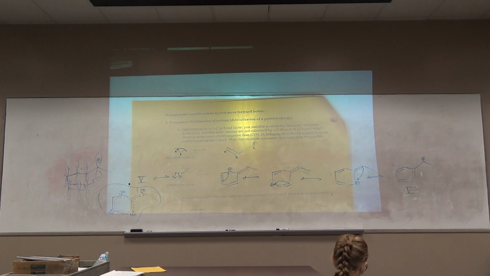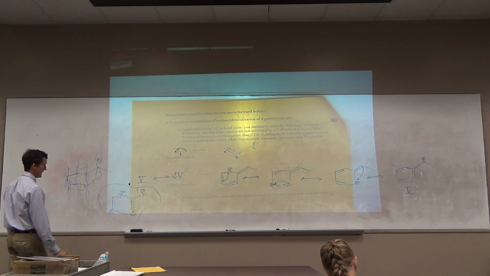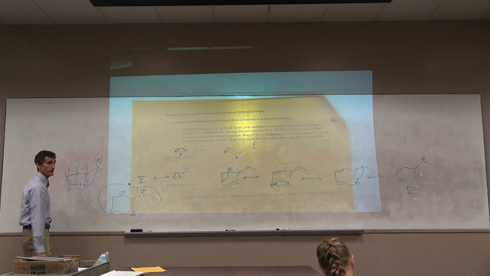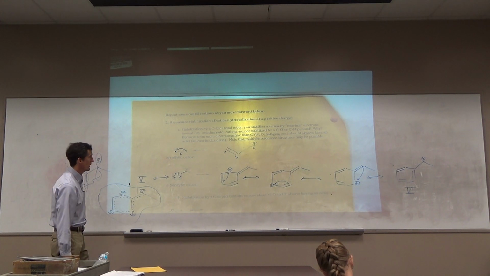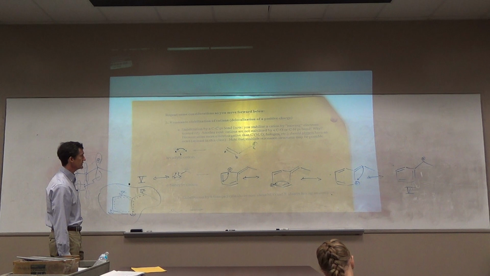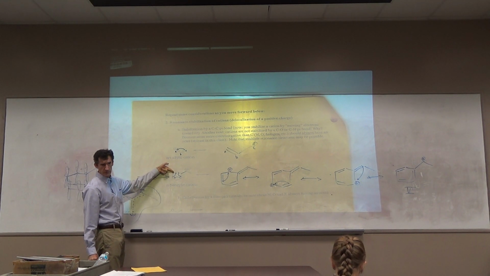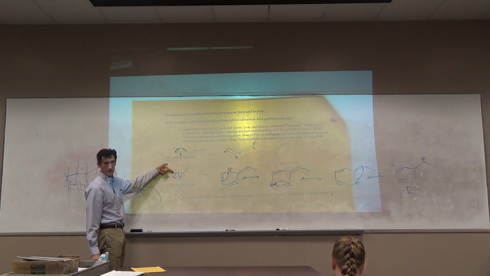So again, it's the same type of questions and considerations. This is resonance. Whenever you have possibility of resonance, any one structure is no longer truly representative of what's going on. I call it fake.